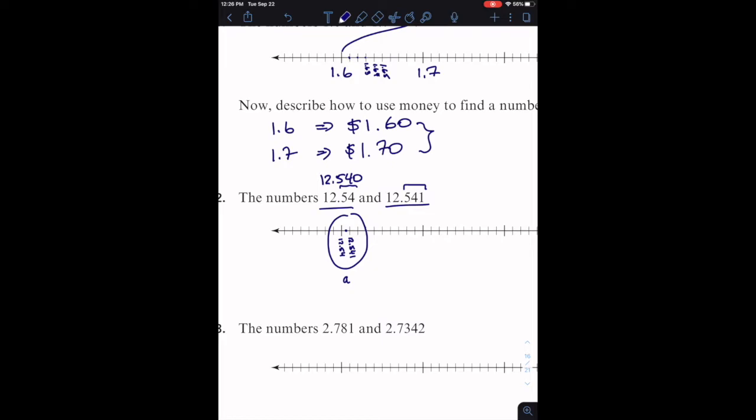Then, instead of placing them this way, we would be able to place them on two adjacent thousandths. And then we have a whole range of numbers in between that we would be able to identify. So for example, this would be 12.540 and 2 ten-thousandths.